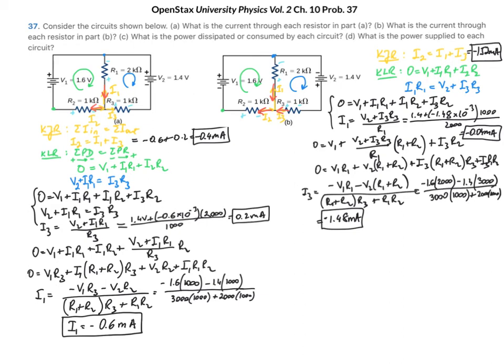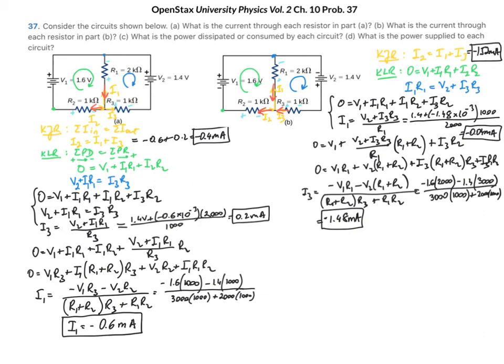All right, now in part C, we want to know the power dissipated by each circuit. So power dissipated is going to be the energy that's used by the resistors. So we have to figure out the sum of I squared R for all three of these resistors.